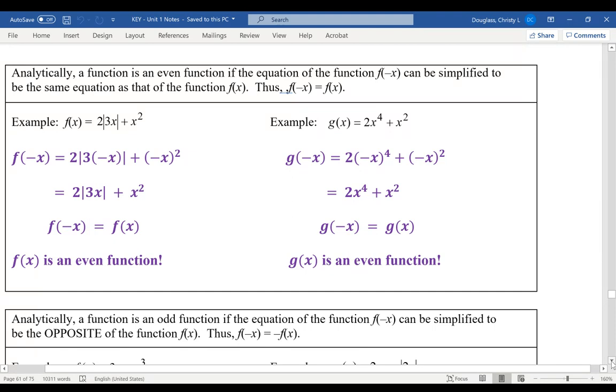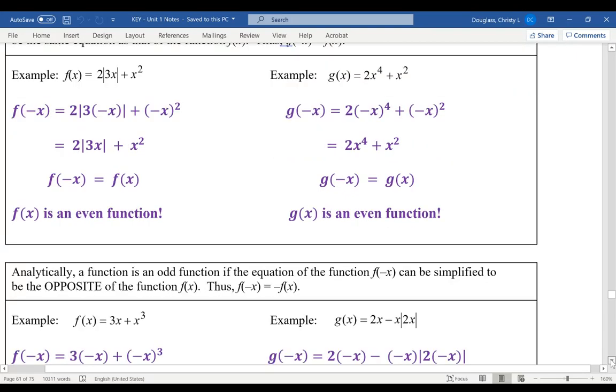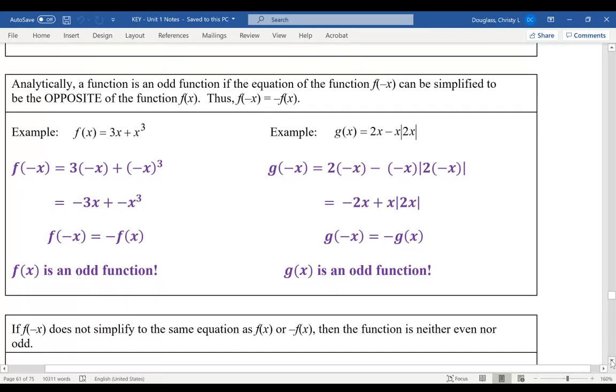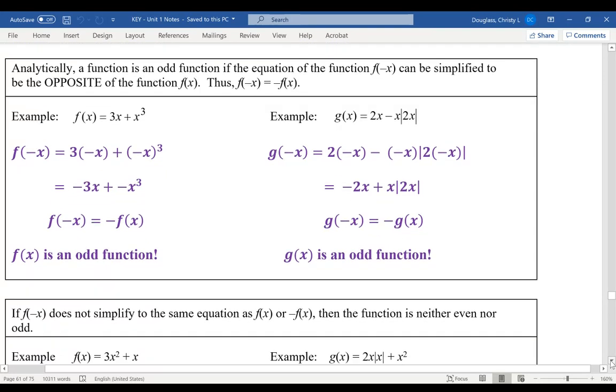Let's take a look at a couple of functions that when we replace x with negative x, we don't get the original function, we get the negative of the original function. So let's look at these odd functions here. This time, when we replace x with negative x, we have 3 times negative x, which is, of course, negative 3x.